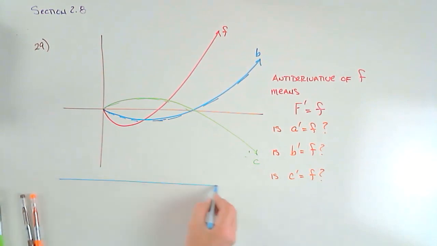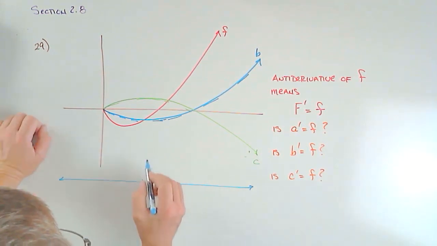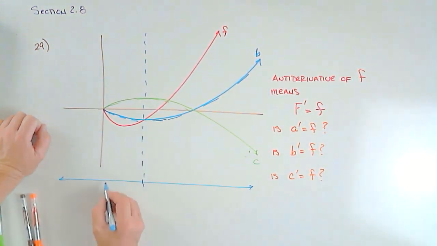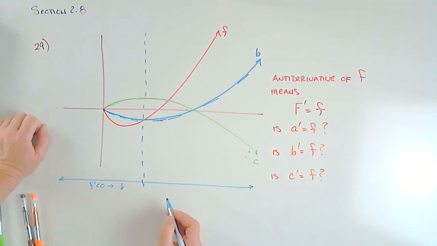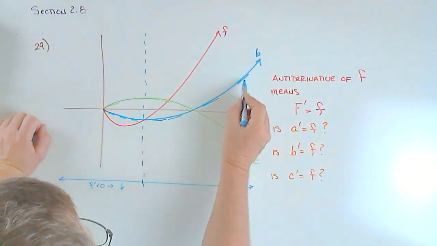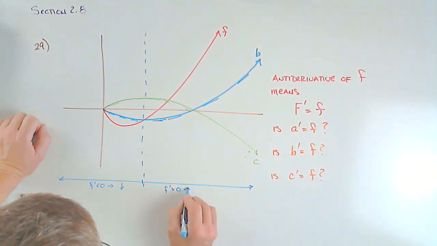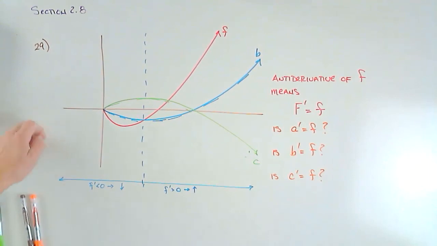So if we were going to do our chart for B down here, and talk about where it's increasing and where it's decreasing, we would go right to this point, and we would say over here, the derivative is less than 0, which means it's decreasing. Over here, the slopes are all positive, so the derivative is greater than 0, which means it's increasing.